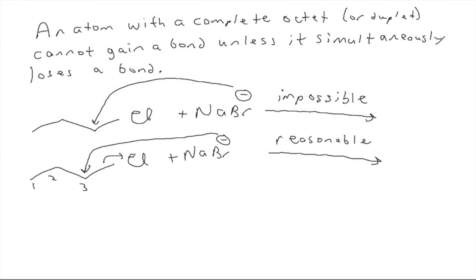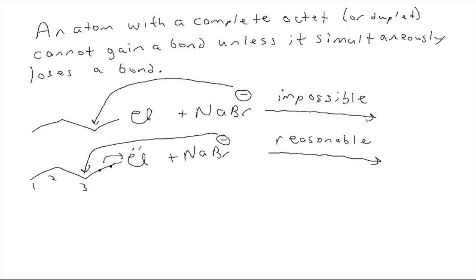Well, this is a little bit tricky. Does this arrow form a new bond? No. So notice this only applies when you're gaining a bond. What this arrow really shows is that the chlorine is gaining a new lone pair. You can never break the octet rule by gaining a new lone pair. That's never a problem, because the chlorine already was sharing the electrons in the bond. These electrons were already being included as part of the chlorine's electrons.